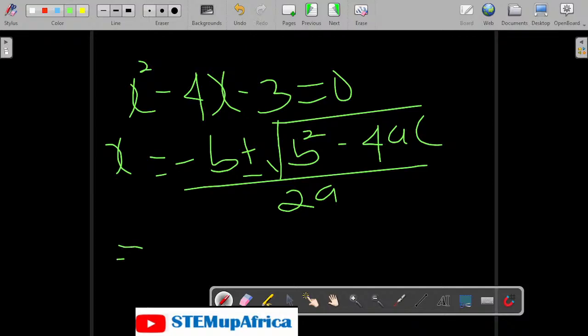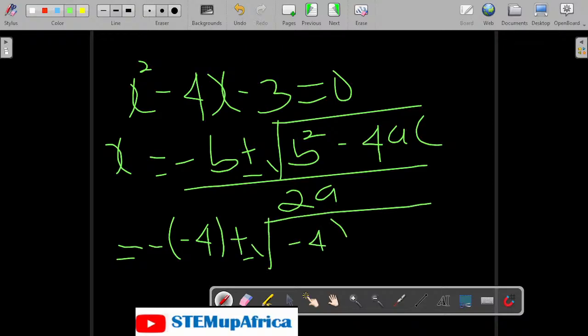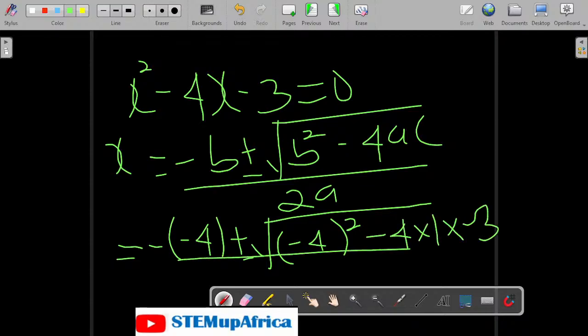So let's impute it. Minus of minus 4 plus or minus the square root of minus 4 all squared, minus 4 times 1 times minus 3, over 2 times 1.